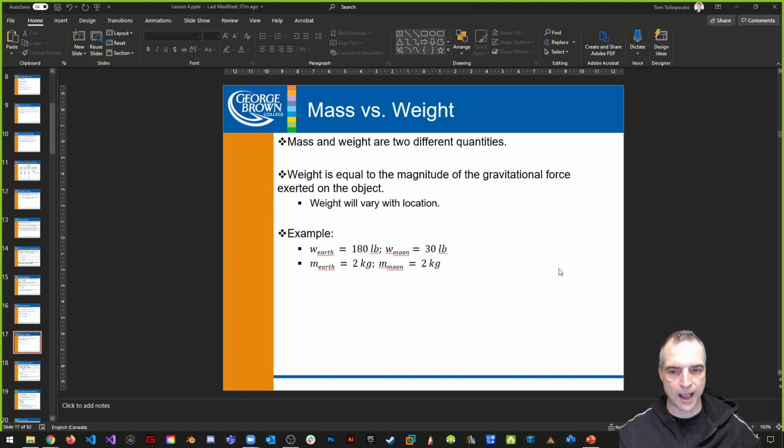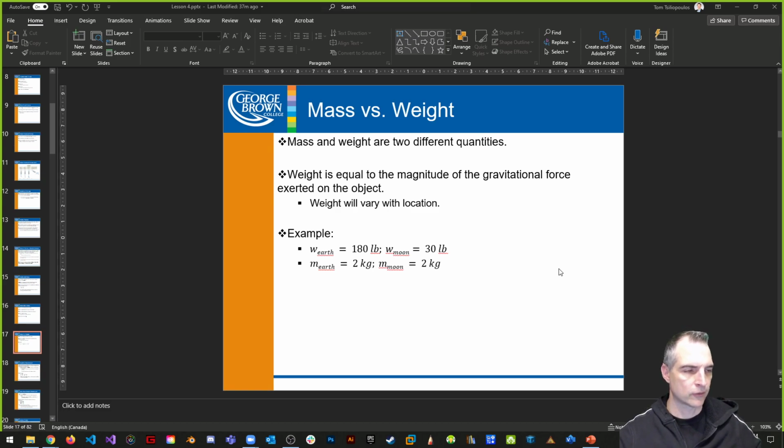So when I look at mass and weight, if I take a look at my mass on Earth, it's 2 kilograms. My mass on the moon, also 2 kilograms. My apparent weight on Earth might be 180 pounds. I'm using pounds here as opposed to kilograms. And my apparent weight on the moon might be only 30 pounds.